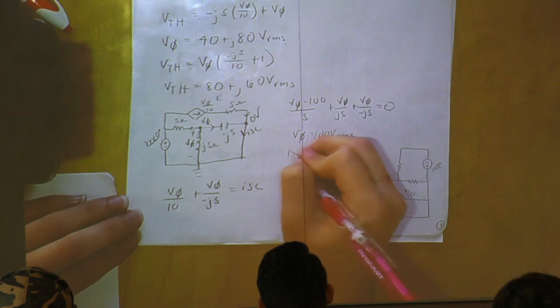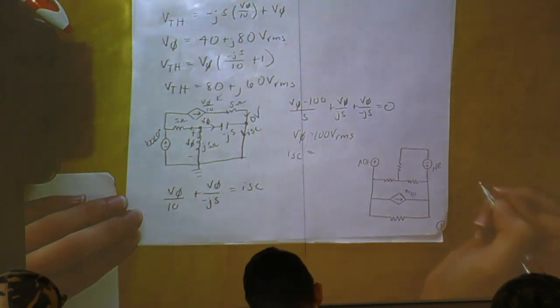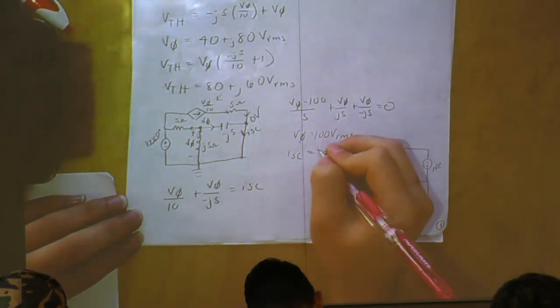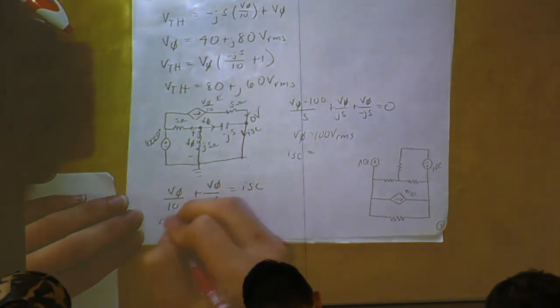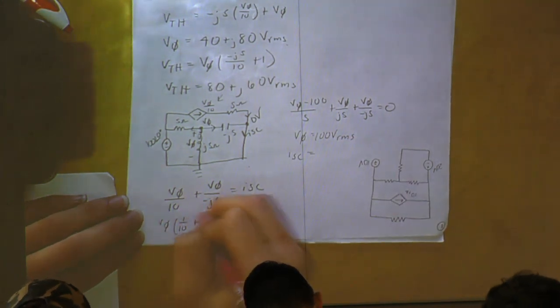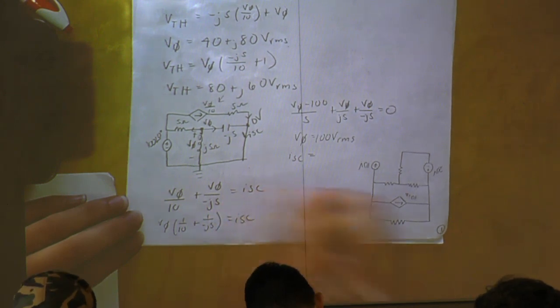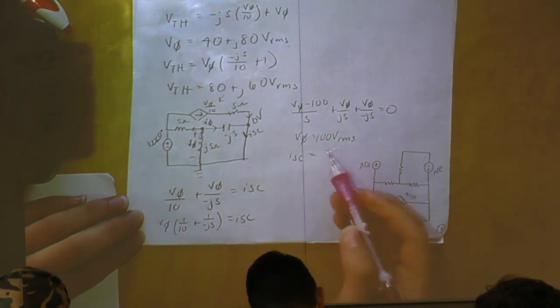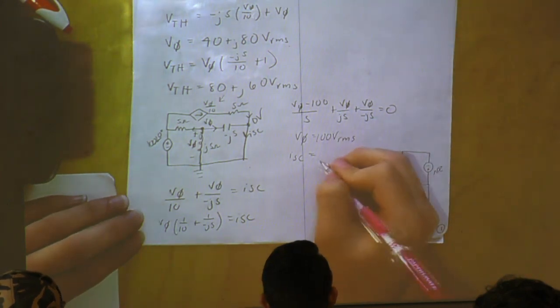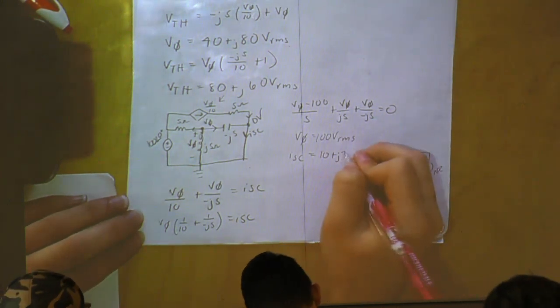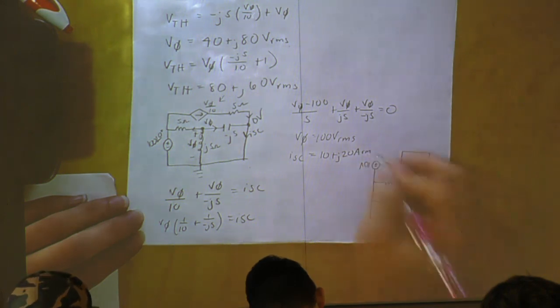Plug that into here. Our I_SC becomes, if you pull out V phi, you get 1 over 10 plus 1 over negative j5 equals I_SC. You multiply these two together to get 10 plus j20 RMS.